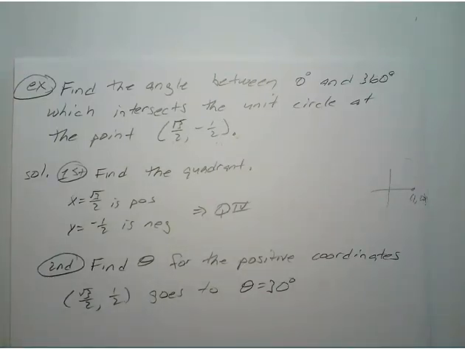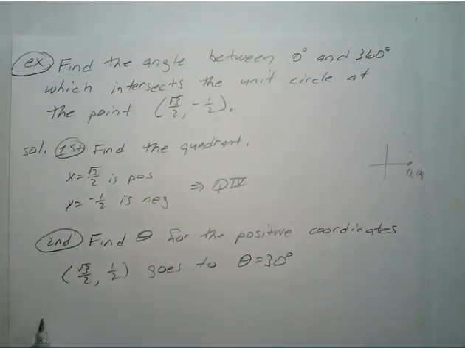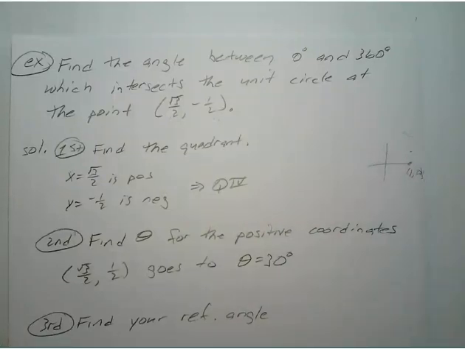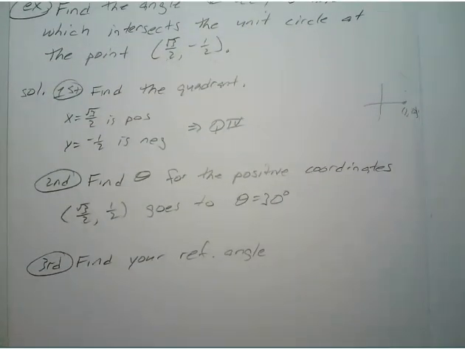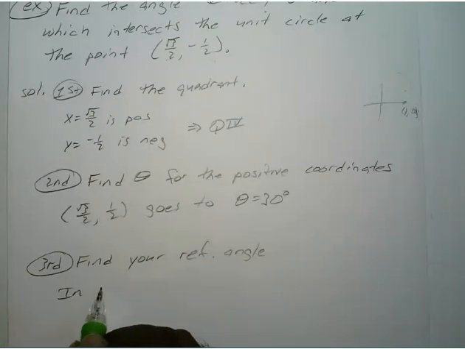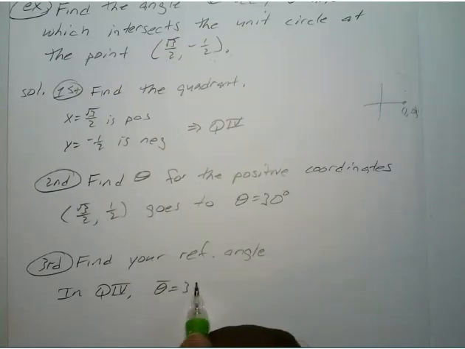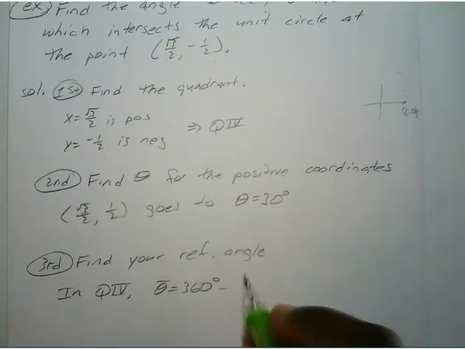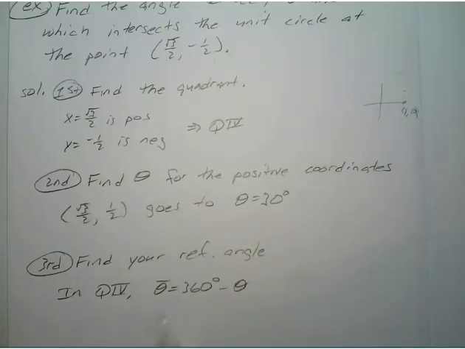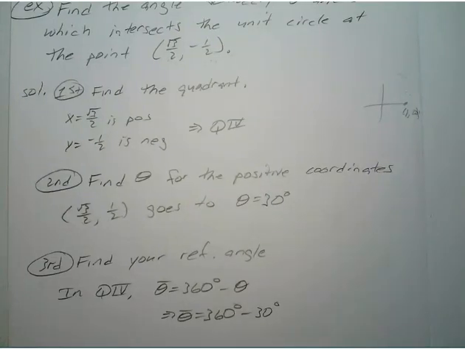Now your third step is you want to find your reference angle. In quadrant 4, your reference angle is equal to 360 degrees minus your angle, which means your reference angle is equal to 360 degrees minus 30 degrees, which is equal to 330 degrees.